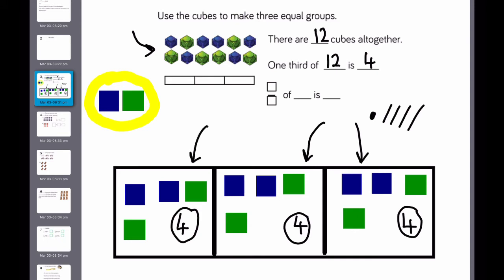Let's write that as a fraction. In fact, can you write it with me on your piece of paper or on your whiteboard? Ready? Let's see who can write it first. Go. 1/3 of 12 is 4. Good job, Year 2.